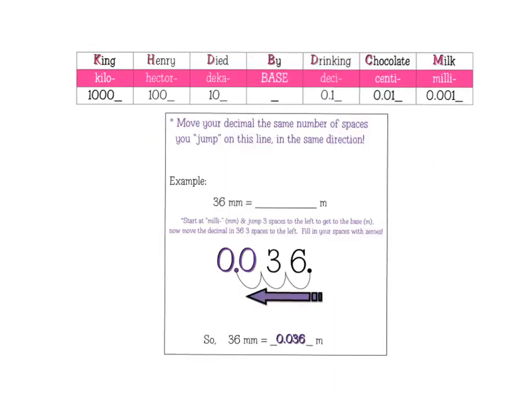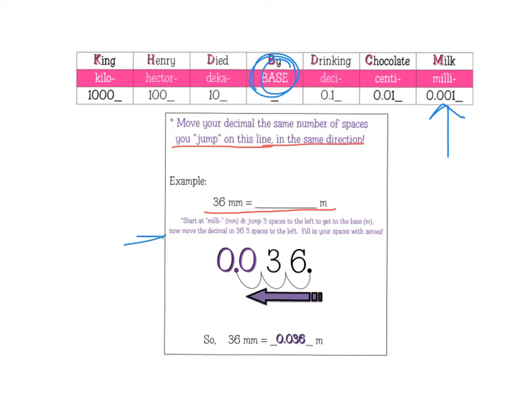It says move your decimal point the same number of spaces that you jump on this line in the same direction. So here, 36 millimeters are right here. And we're trying to get to meters. Meters is going to be that base. So how many spaces do I need to jump?